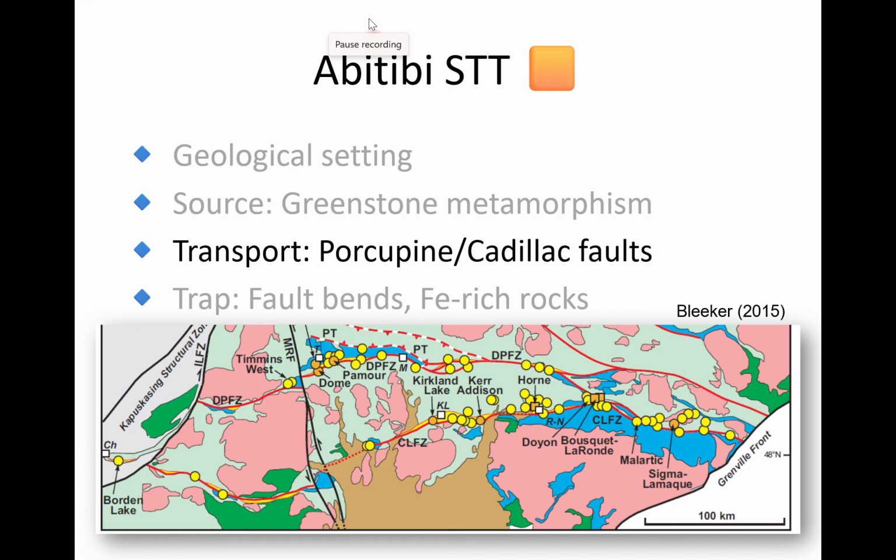Talking about the transport, the Abitibi's gold-bearing fluids migrated upward through large transcrustal fault zones that were active during mineralization. The Porcupine, Destor, and Cadillac faults, for example, were fundamental conduits, tapping deep fluid reservoirs and channeling them into the upper crust.